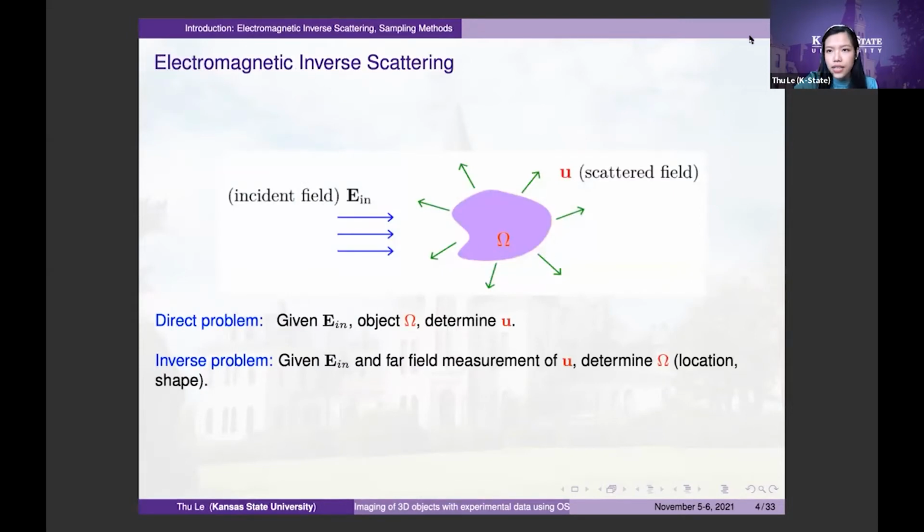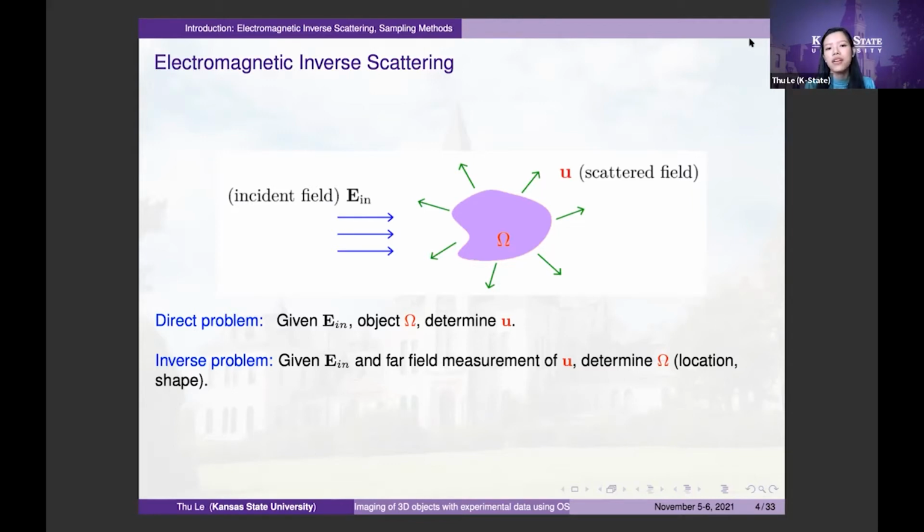So you can see here in this simple model, we send some electromagnetic wave or incident field E in toward an object, let's say omega. Then we can have some scattered field denoted by U. So there are two types of problems, direct and inverse, right? In the direct problem, given the incident field and the object, we try to measure the scattered field.